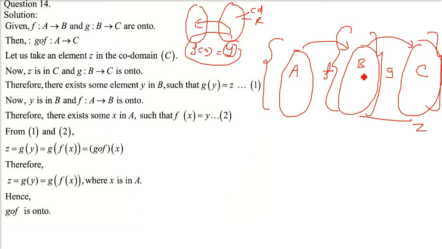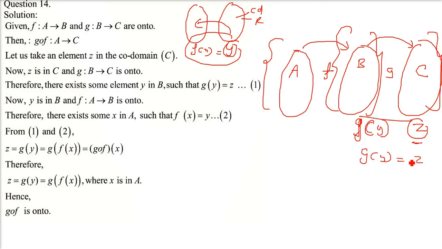It is onto, B to C is onto, g function is onto. So there will be some z which will have an image. So you can write it as, because this is function g, g(y) equals z. There will be some z which will have some g(y). I hope you got the idea, because earlier I told you about the concept of onto when we started this question.